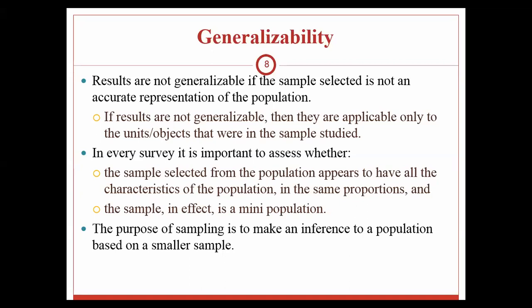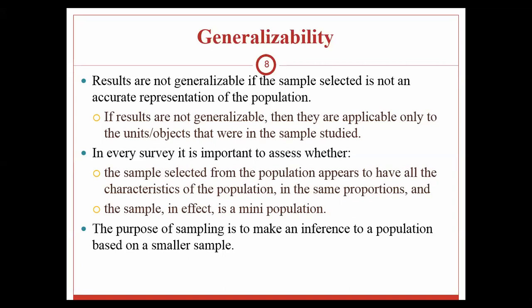If results are not generalizable, they are applicable only to the units or objects that were sampled. You wanted to get a representation of the youth, but you ended up studying only Baganda youth, then your results won't be generalizable. They will only be applicable to that sample.